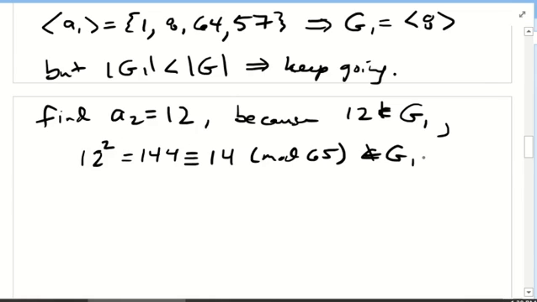And we need then 12 cubed is not in there as well. And if we do that out, that's not in there either. So that's enough to say that A sub 2 is 12.